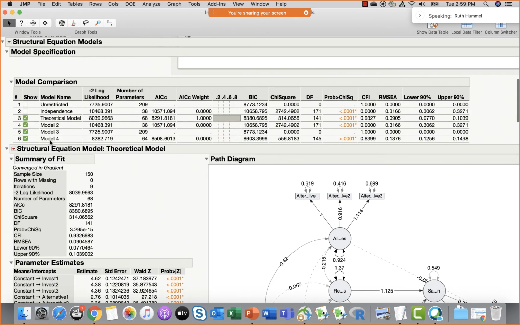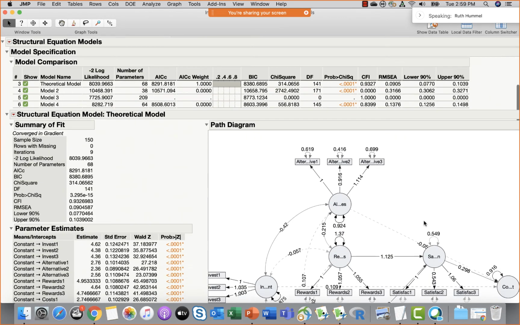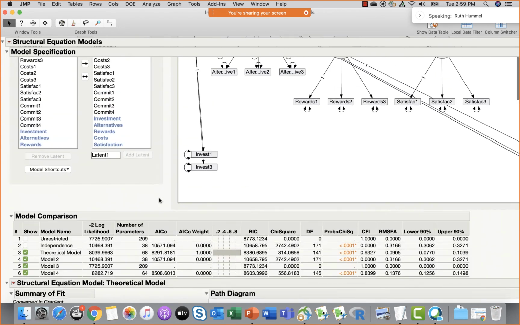When I combine them, you can see that the fit is slightly, whether I look at the log likelihood or the corrected AIC or the BIC, any of those, I'll see the same trend that the theoretical model of 8,039 here, I get a little bit worse. So smaller is better for all of these fit statistics. So my Model 4, where I combine rewards and satisfaction into one latent variable, was actually worse fitting.